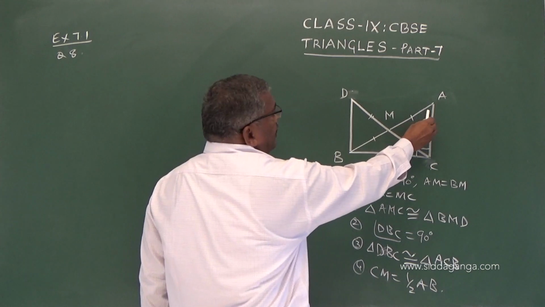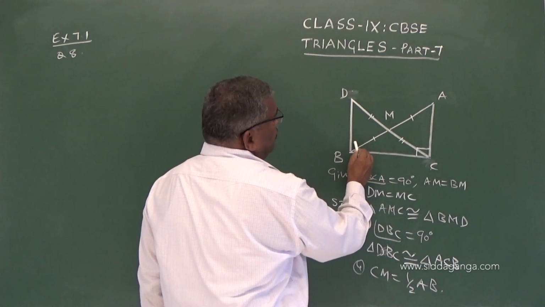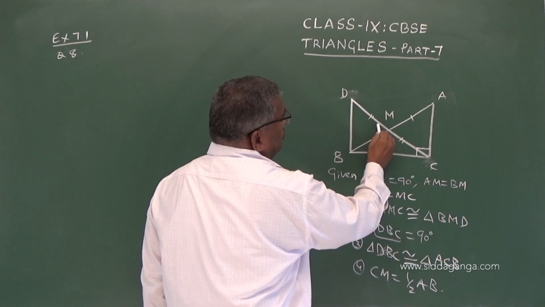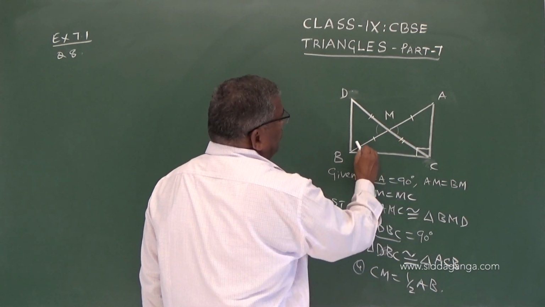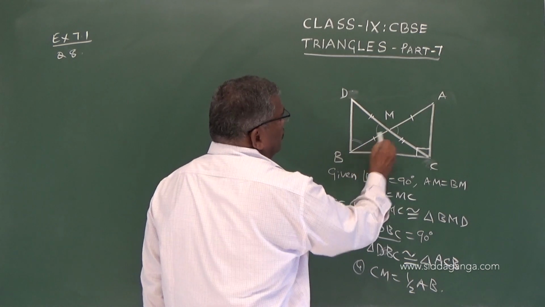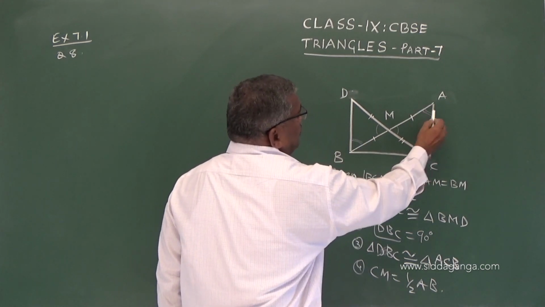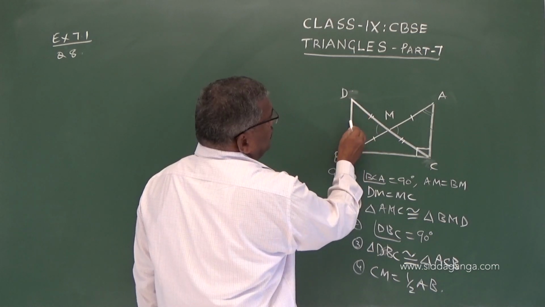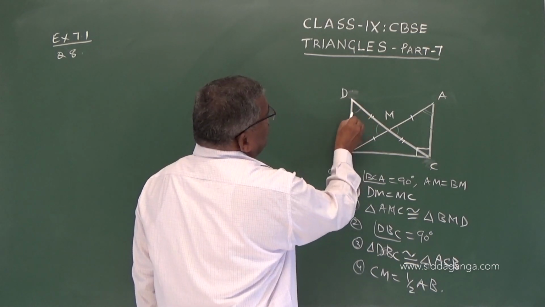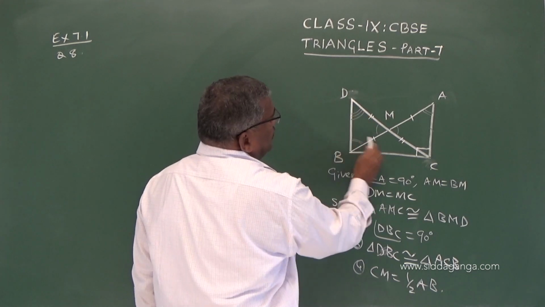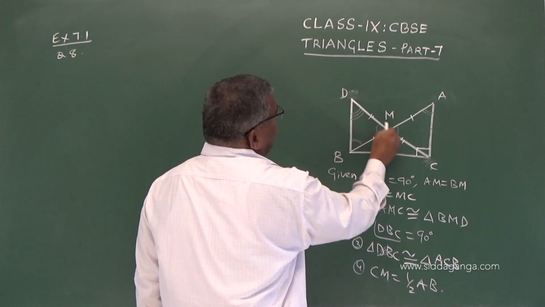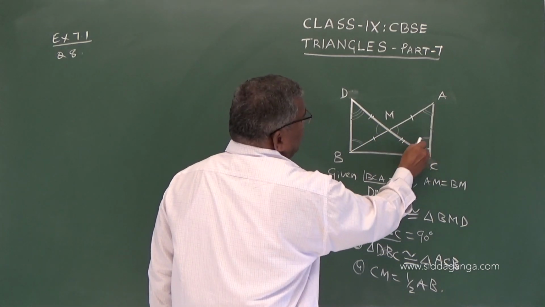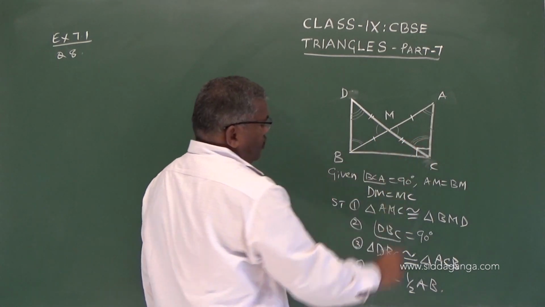So angle A corresponds to angle B. These two are vertically opposite angles, so therefore these two are equal, and this angle is equal to this angle, and the third angle is this angle, angle D. That means angle BDM will be equal to angle MCA. So therefore they are congruent.